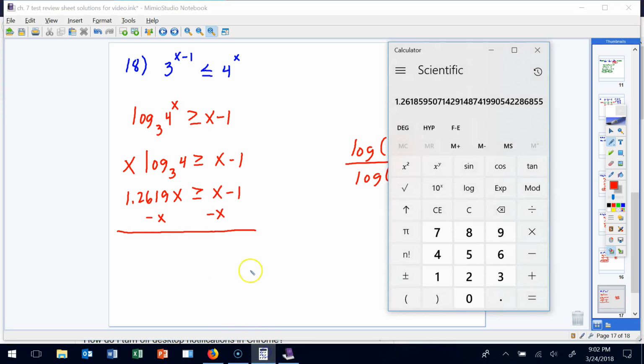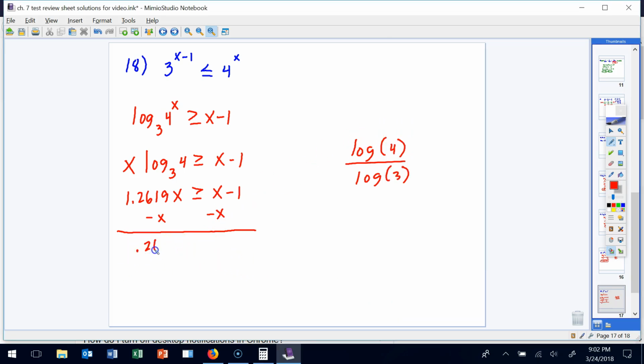Okay, so going back to my calculator, I've already got this number in here. So I'm just going to do minus 1. So that's 0.2619x is greater than or equal to negative 1. And now I need to divide both sides by 0.2619.